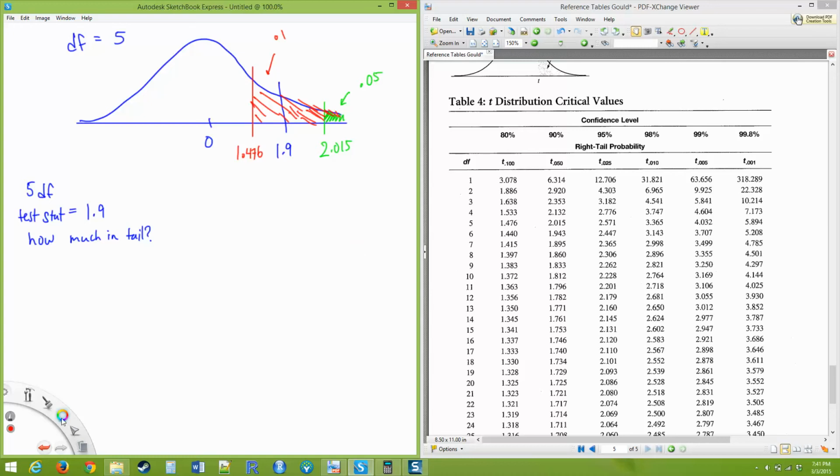So if I'm drawing a line at 1.9, the area in my tail is unknown, but I do know that it must be between 5% and 10%.